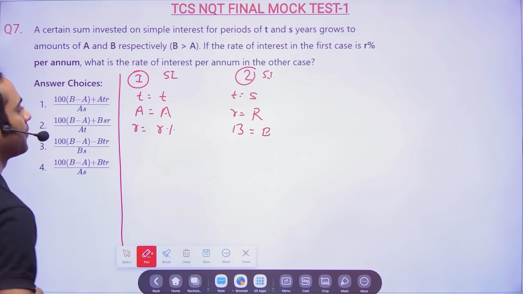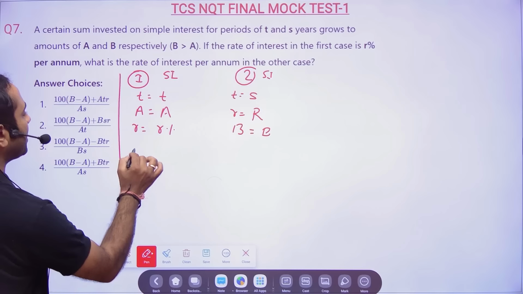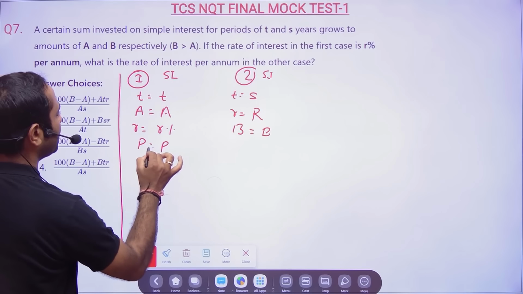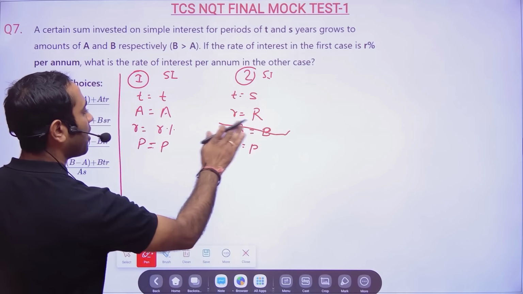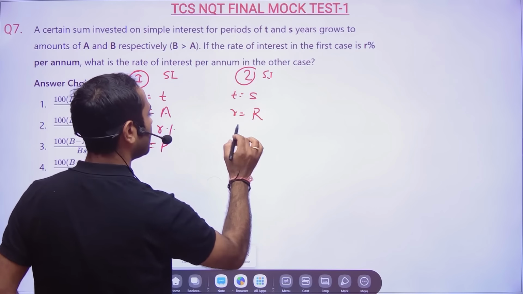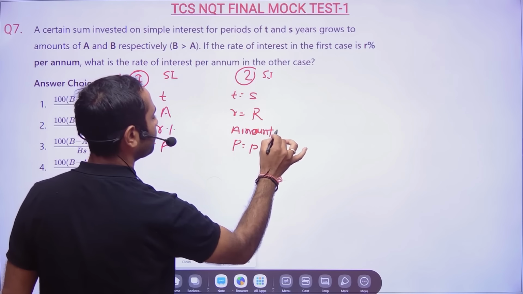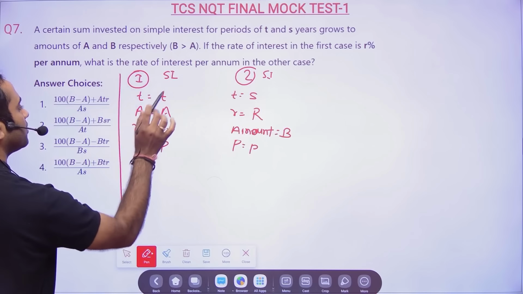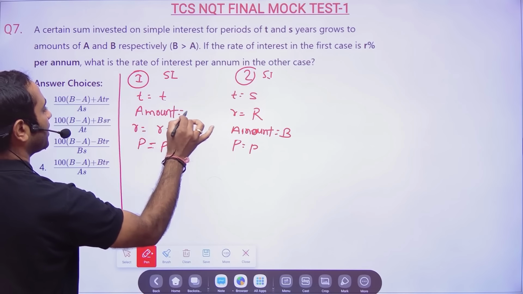B is greater than A. Principal is not given. I will assume the principal as P, and here also the principal I will assume as P. So here the amount is B and here the amount is A. We just have to find a relation between them, nothing else.